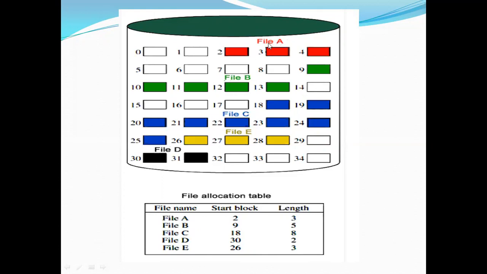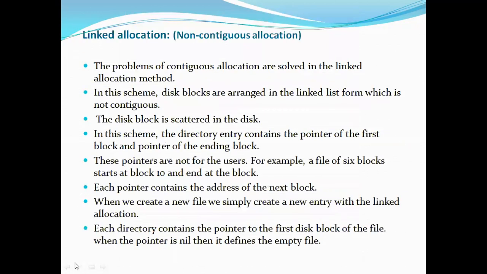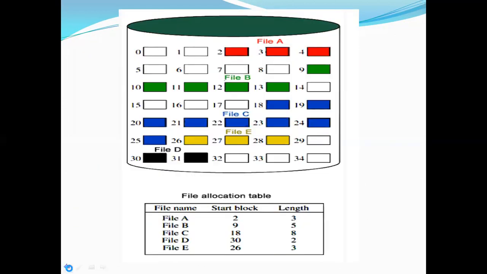Those are allocated only to file A. It will not happen that file A's second block is allocated to 2, the third block to 8, and the last block to 14. Because it is a contiguous allocation, it allocates 3 blocks in a sequential manner, that means B plus i. This type of allocation method is known as contiguous file allocation.